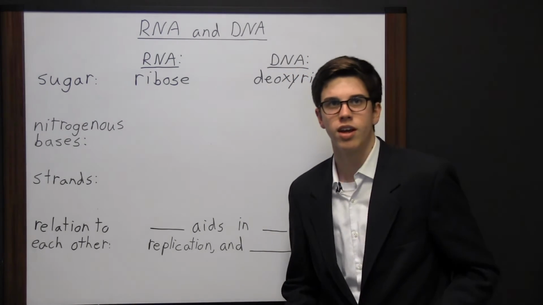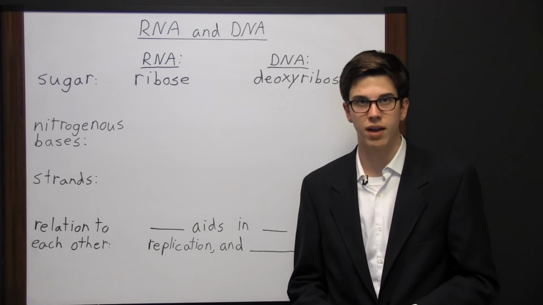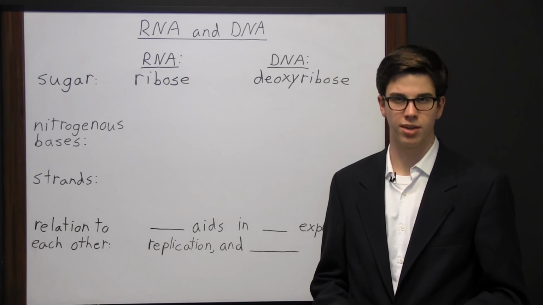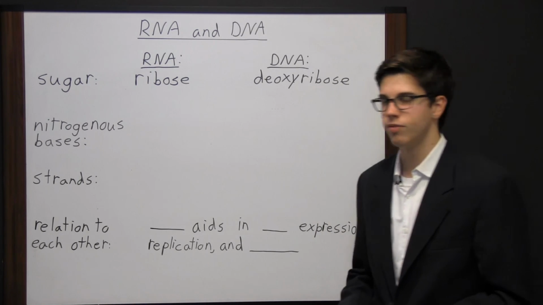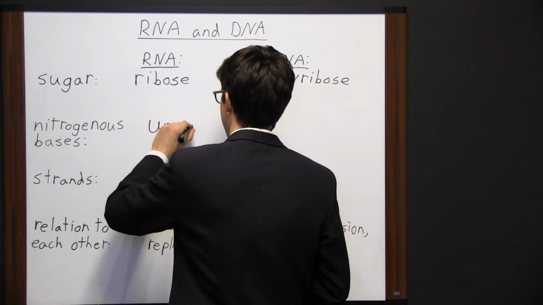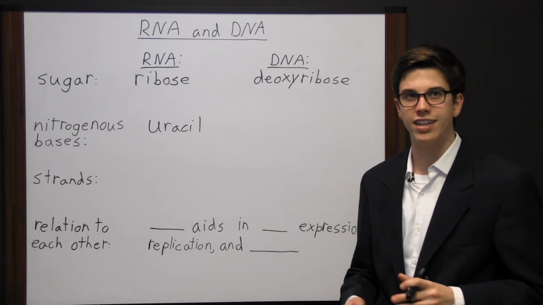When it comes to nitrogenous bases, they have 3 of the same bases. They both have adenine, guanine, and cytosine. However, uracil is only found in RNA, and thymine is found only in DNA.